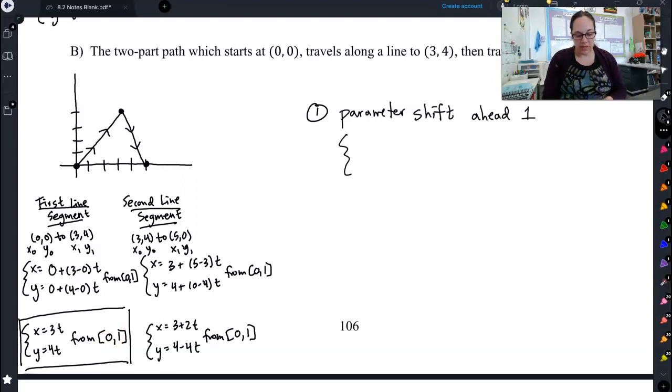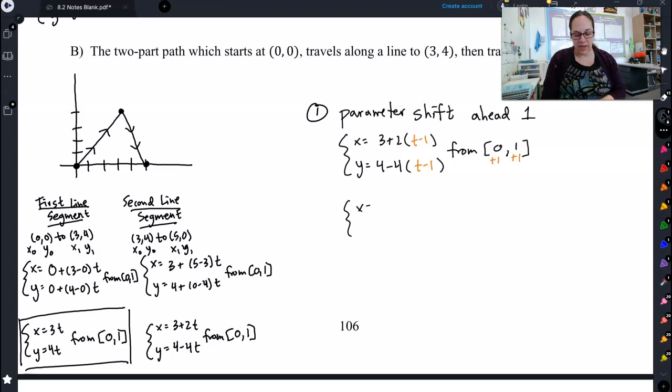So we know that means I'm going to replace all the t's with t minus 1. And that will shift these ahead. So t minus 1, t minus 1, and that's going to shift these ones ahead.